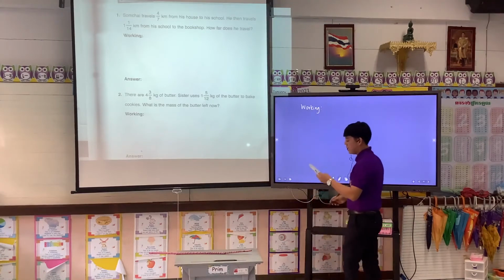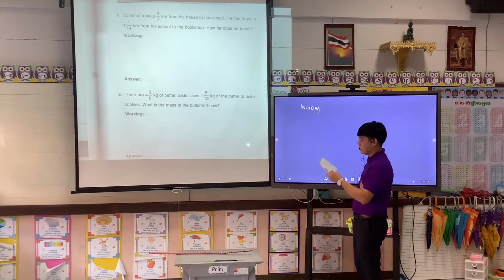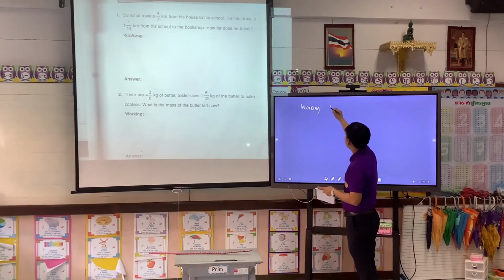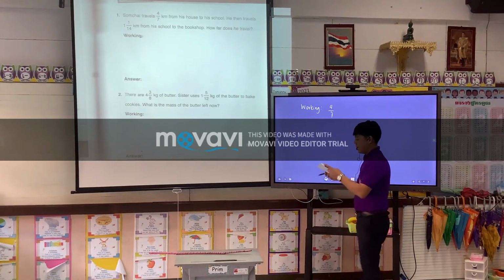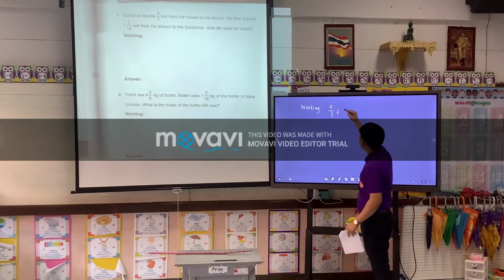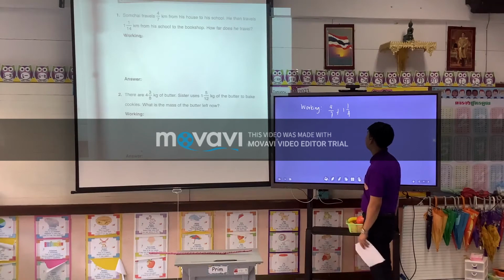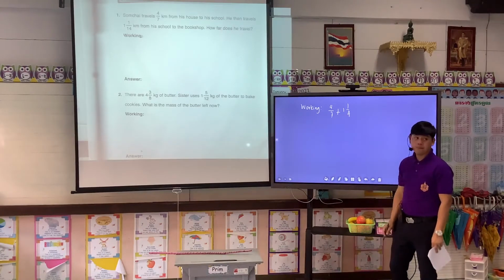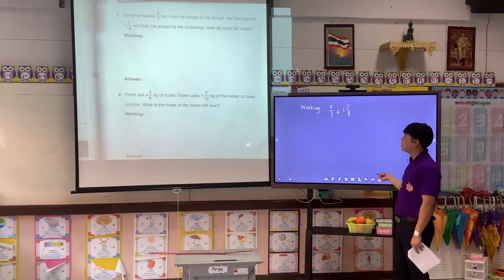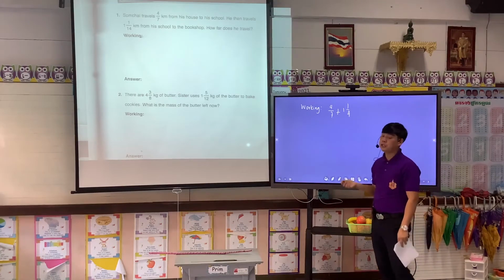The problem is, some child travels 4/7 plus 1 and 1/4. This is some child travel from his house to the school and from the school to the bookshop.